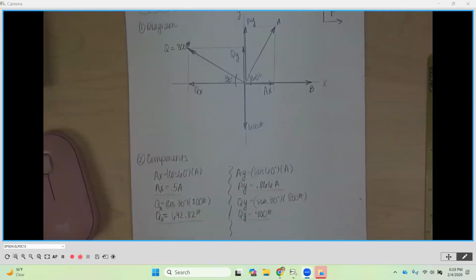Diagram first, break it into X and Y components where necessary, and then calculate those components.